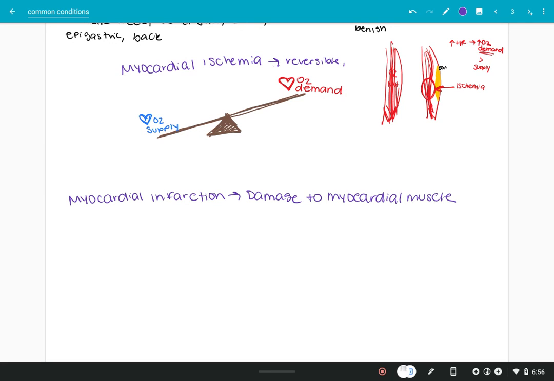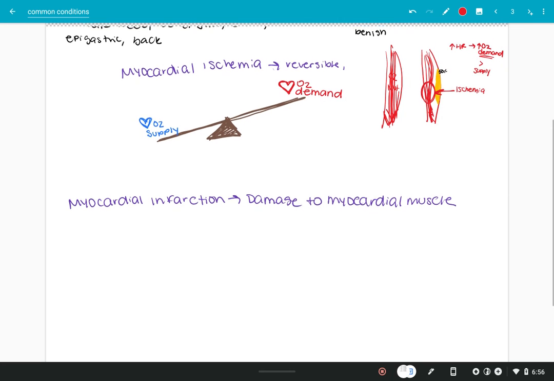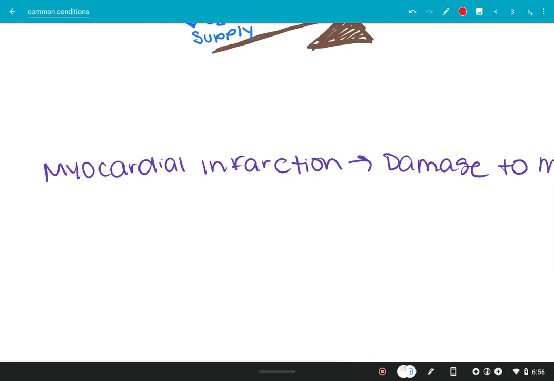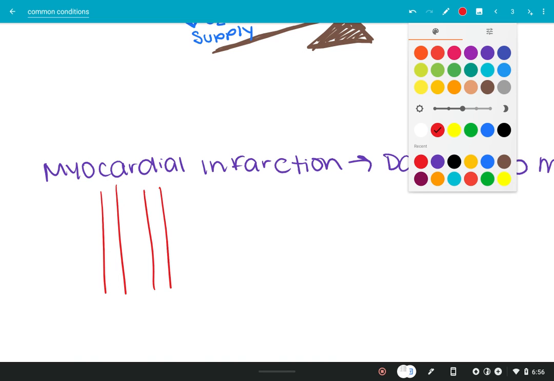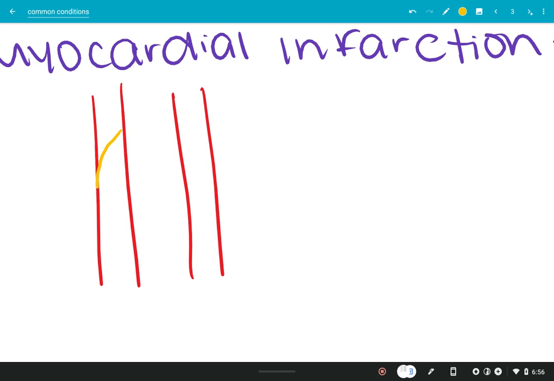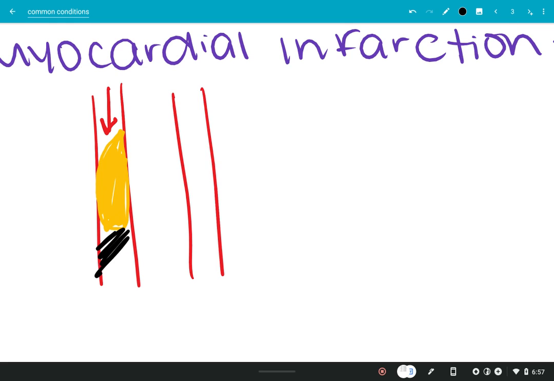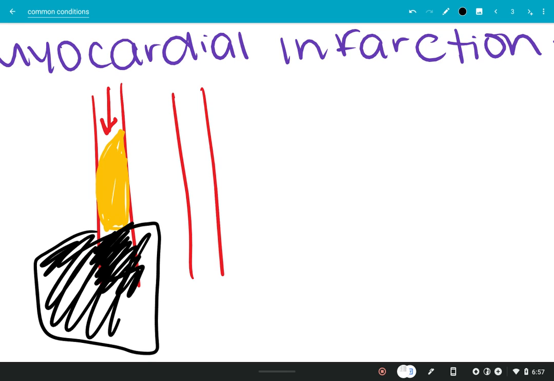So with infarction, it's going to be either 100% occlusion, so there's absolutely no blood flow at all. And remember, these are the cardiac arteries that I'm drawing here. And then this tissue right here becomes necrotic.